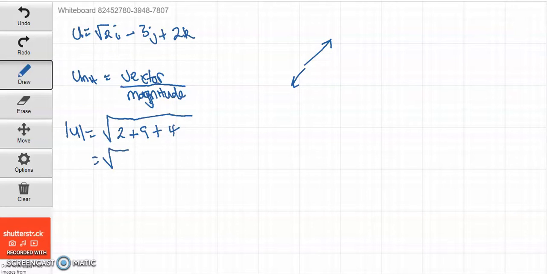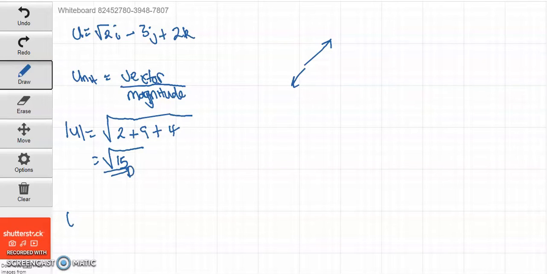It's the square root of 9 plus 4, 13, plus 2, 15. Let me just check if I've done the right thing. Yes, we get root 15.